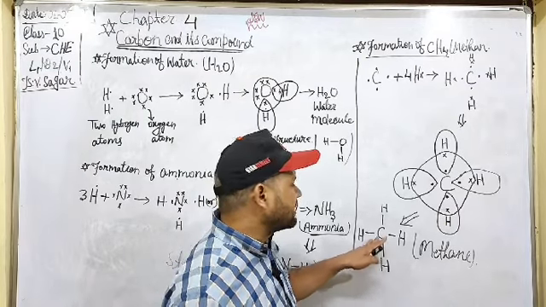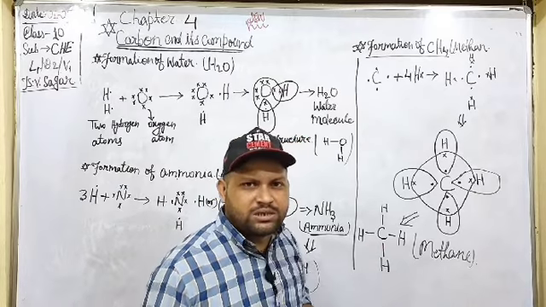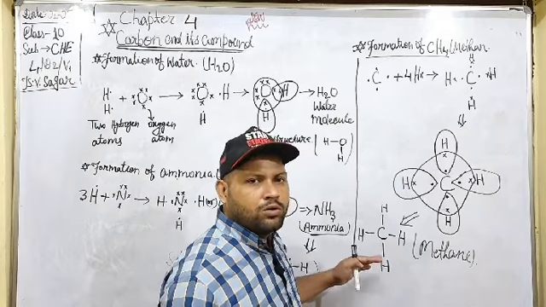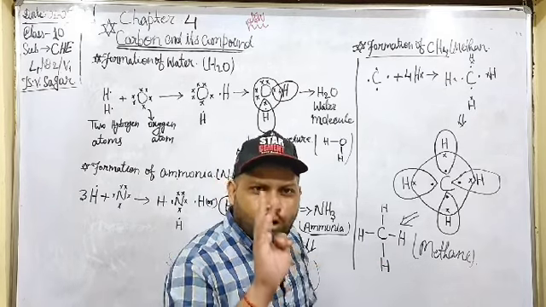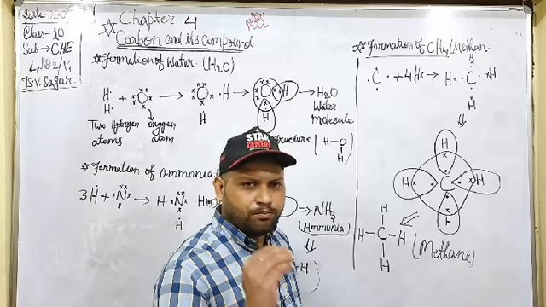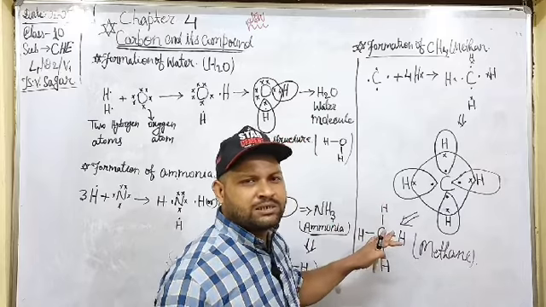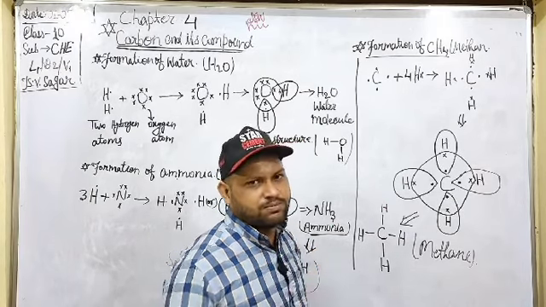So this is the structural formula of methane, and what we have to look at here is the formation of 4 bonds. So formation of 4 bonds takes place while methane is formed.